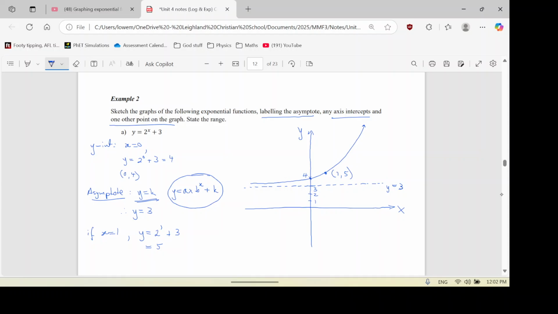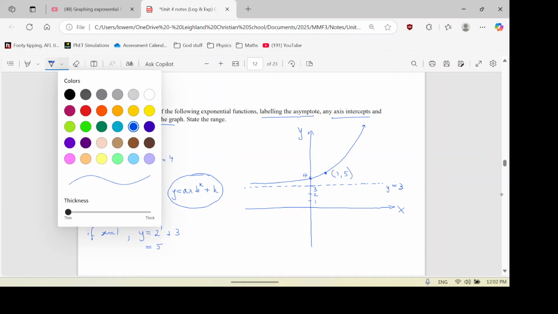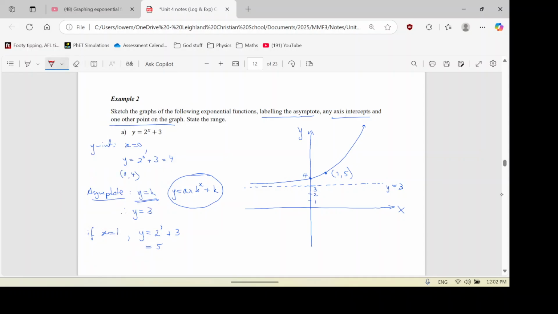If it had been translated down, say it was y equals 2 to the x minus 3, then it would have been not reflected, but translated down, and so it would have crossed the x-axis, and you would have had an asymptote down the bottom here.